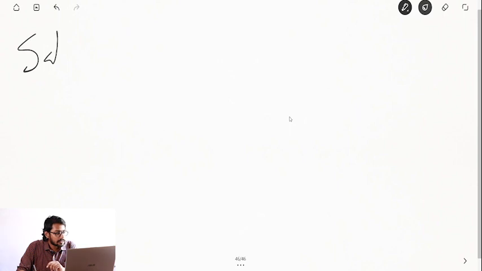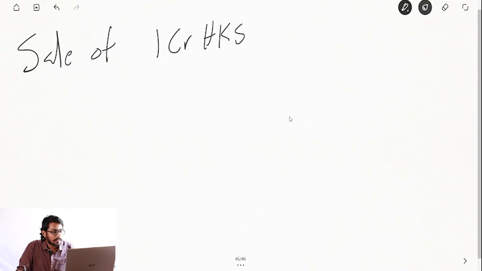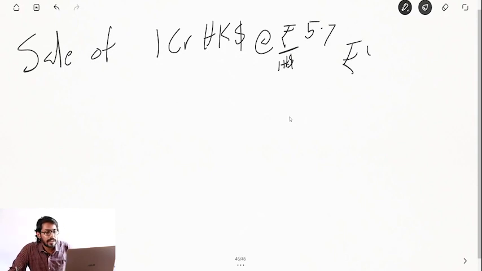Give the heading computation of profit or loss. Sale of 1 crore Hong Kong dollars at rupee by Hong Kong dollar 5.7 is rupees 5 crore 70 lakh.